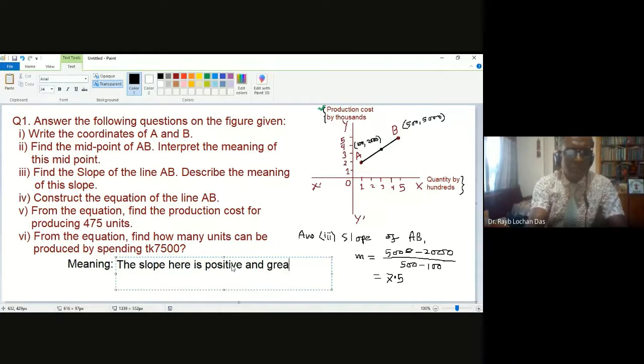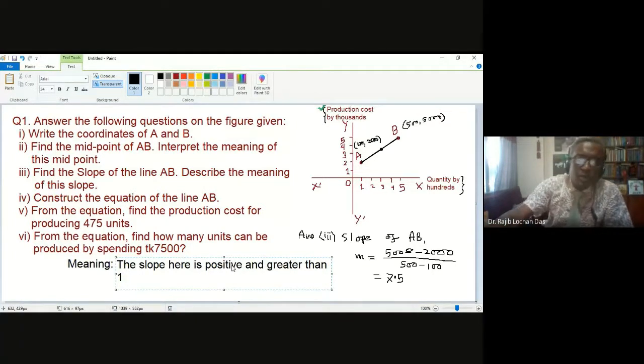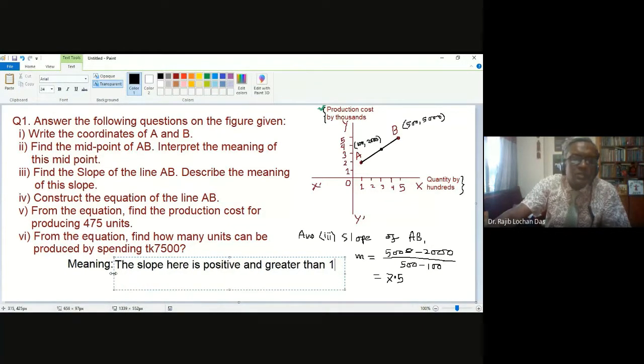One point is whether it is positive or negative. Another point is whether it is more than 1 or less than 1. So there are two things to consider here. In this example, it is 7.5, so it is more than 1 and it is plus. So you understand the slope here is positive and greater than 1.